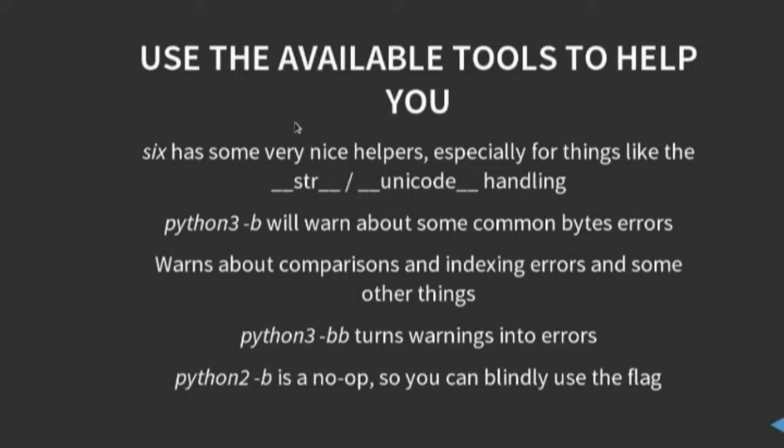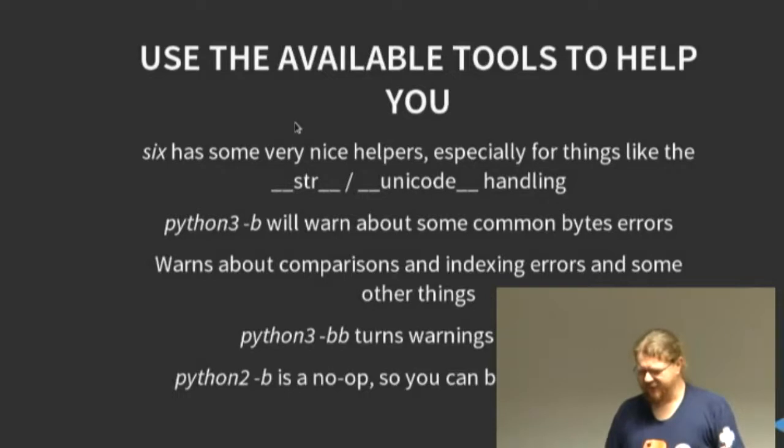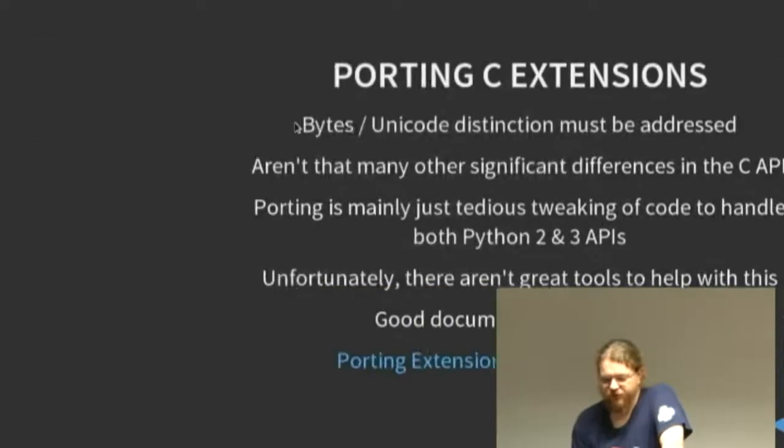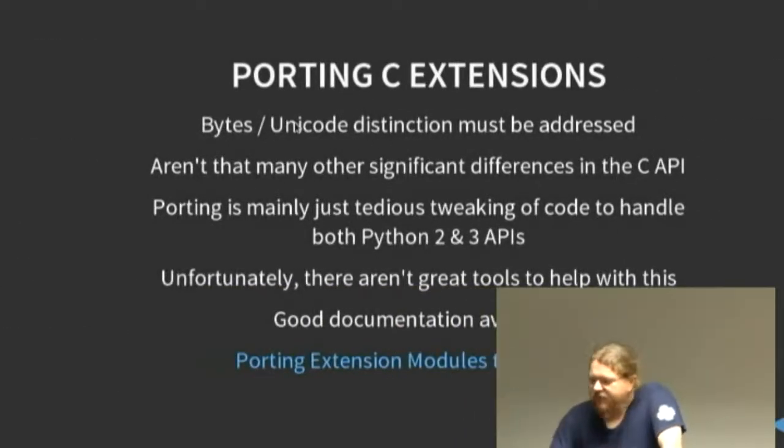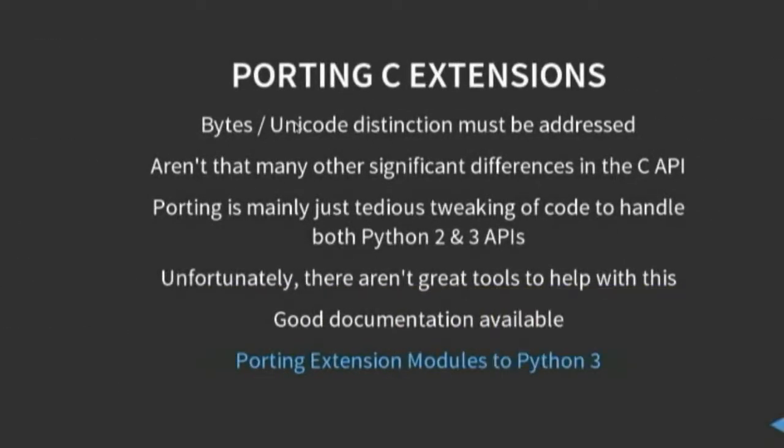The text-bytes separation is not something you can do automatically, but it's the major thing that requires work and thought, and there are a lot of benefits to it once you've gone through it. We've heard a bit about C extensions. If you're porting a C extension, you still have to work through the bytes-Unicode distinction.